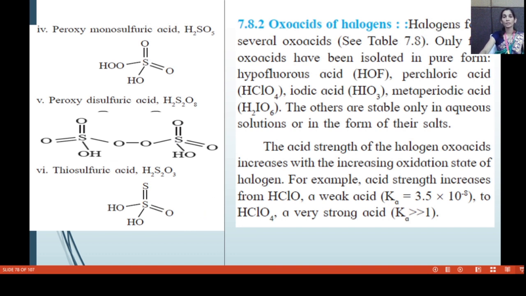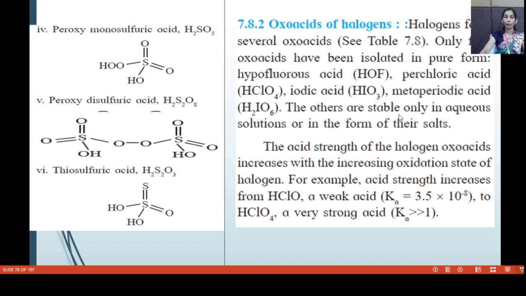Now the next, oxyacids of the halogens. The halogens also form different types of oxyacids. Only 4 oxyacids have been isolated in the pure form, that means hypofluorous acid HOF, perchloric acid HClO4, iodic acid HIO3, and metaperiodic acid HIO4.